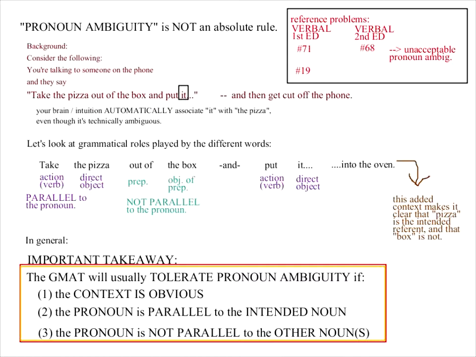So that's 19 or 21, depending on which book you have. And this is another example of acceptable pronoun ambiguity. Again, let me stress that these are verbal supplements. These are not the big OG. This one is purple, this one is blue. So I'm sure all of you have at least one of these, and some of you might even have both. But these are the same problem.